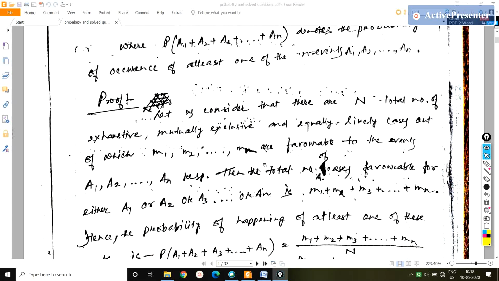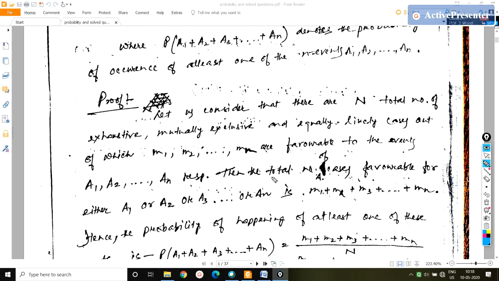Let us consider that there are a total of capital N exhaustive, mutually exclusive, and equally likely cases, out of which M1 cases are favorable for A1, M2 cases are favorable for A2, and Mn cases are favorable for An.